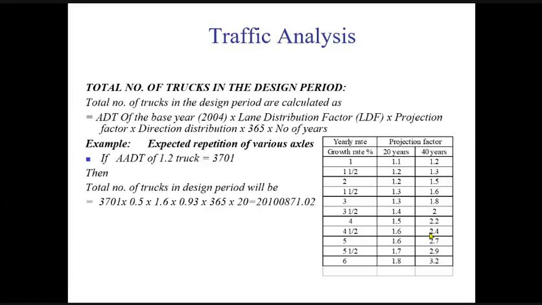When you compare the two pavements in terms of the maintenance period, that's why we use the advantage of a pavement design life of 20 years in this rigid pavement.